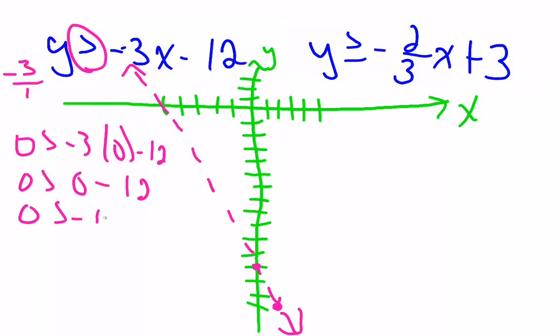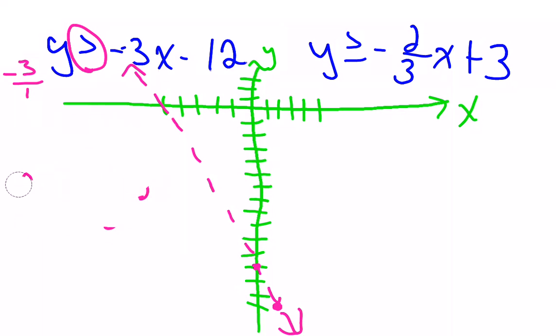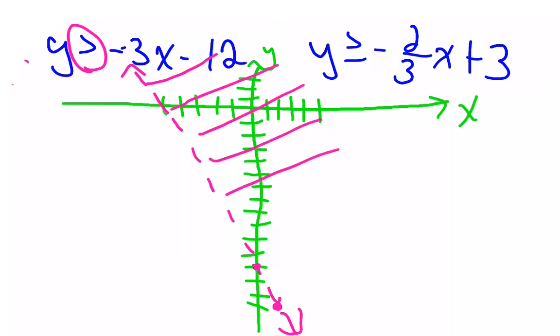Is 0 bigger than negative 12? The answer is yes. And so that means that's the side that we are going to shade. So we are going to shade the side that contains 0, 0, which is up here, this direction.